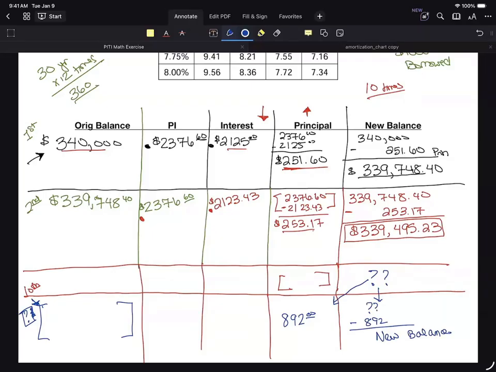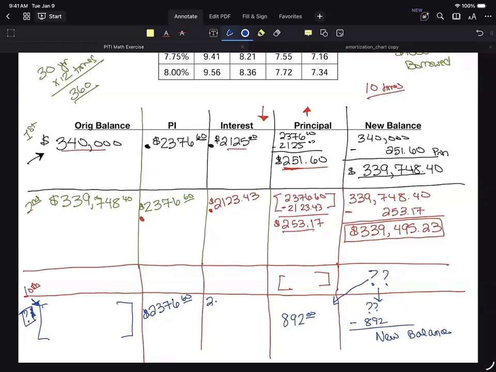Yes. So I'm going to show you how you would basically do this math just so it makes sense. One thing I know never changes is the 2376.60, correct? Correct. So if I wrote a check for 2376.60 and 892 of it was principal, wouldn't the difference be our monthly interest? Yes.